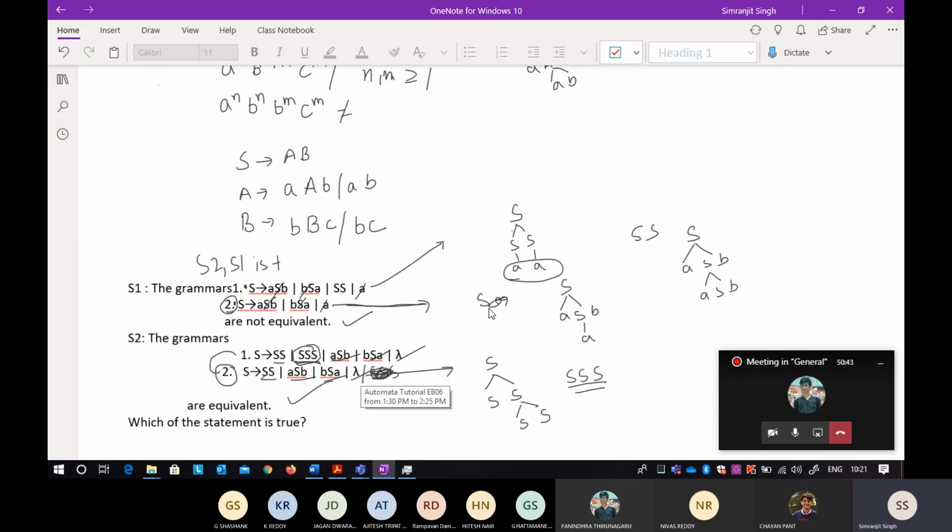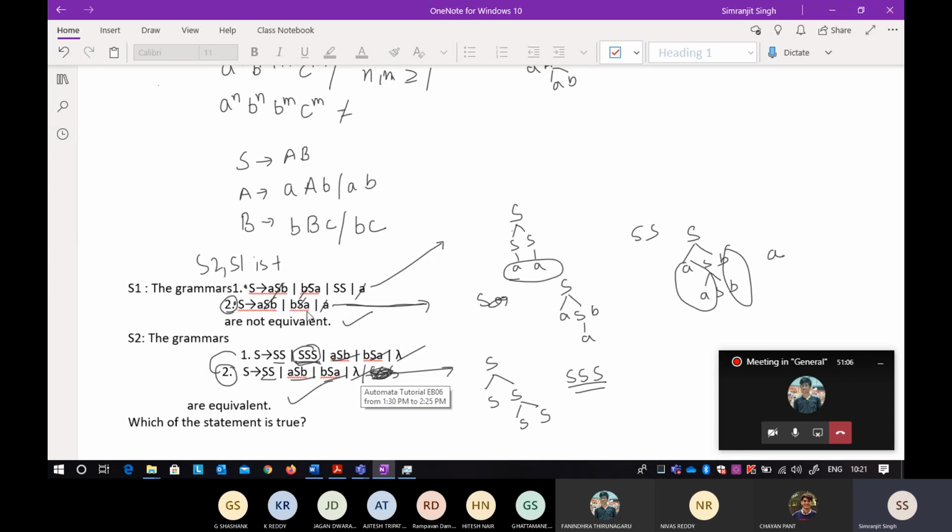So double S cannot be derived from the second grammar as well. The smallest string you will get is A, or if you include two S's, it will include two A's and two B's. So it is not possible to include double S here, but triple S can be derived from this one. So you can also see it like that.